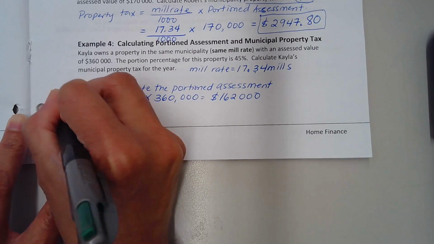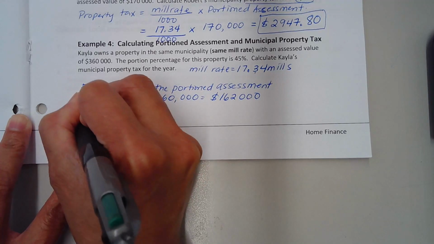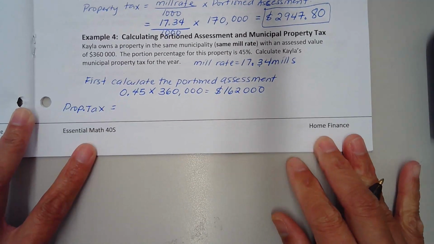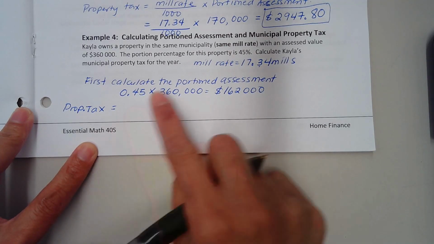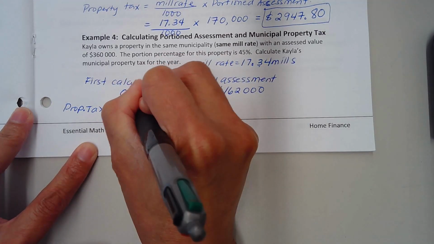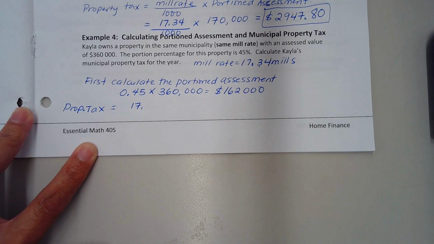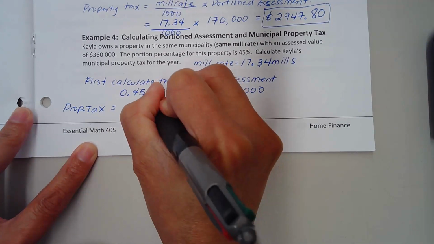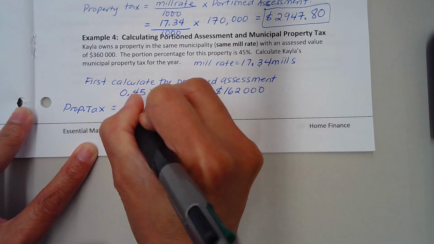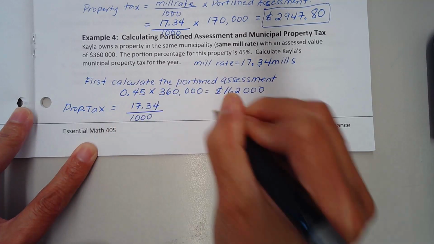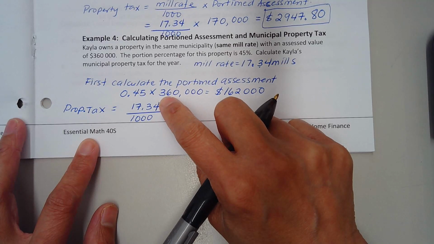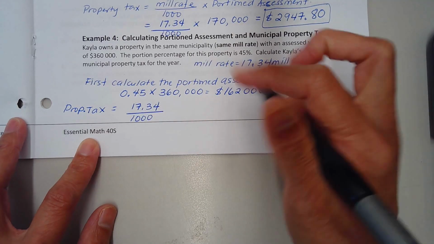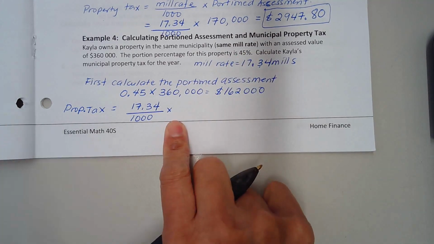I'll just say property tax to be more specific. So property tax is equal to the mill rate, 17.34, I gotta be conscious about this. Following our formula, mill rate divided by 1,000 times the portioned assessment.